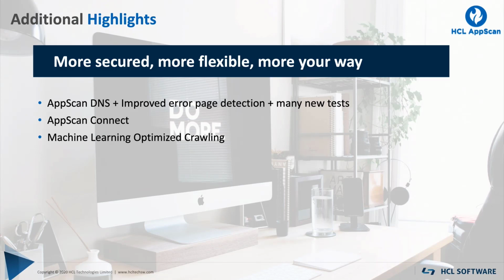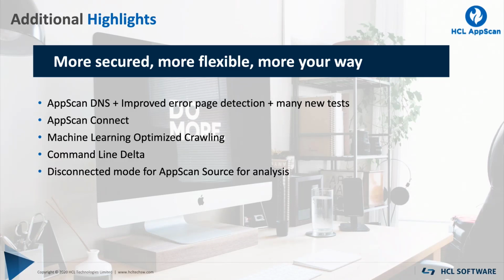Improved our DAST crawling with machine learning optimization. Introduced a new command line delta tool for AppScan Source to compare between two static analysis scans that were completed. Offering AppScan Source for analysis in a disconnected mode. Introduced a new community edition tool we called AppScan Code Sweep in the VS Code Marketplace, and done many more.